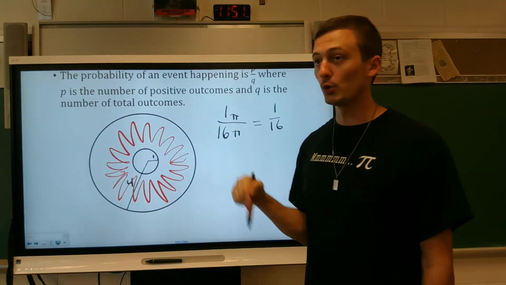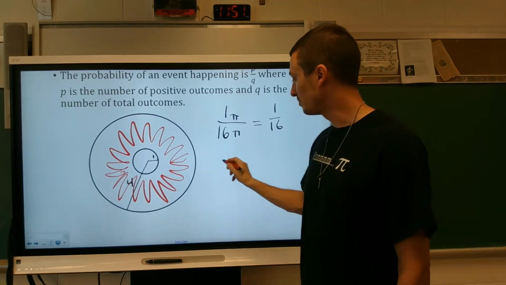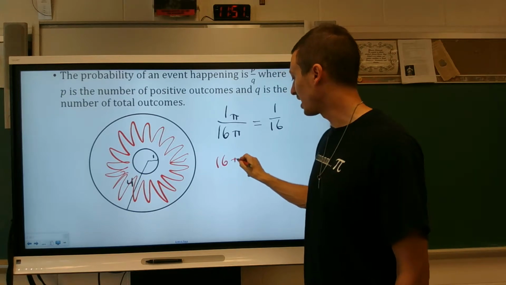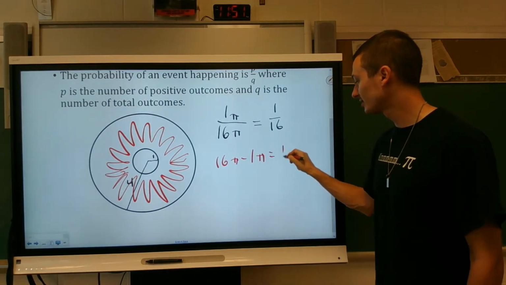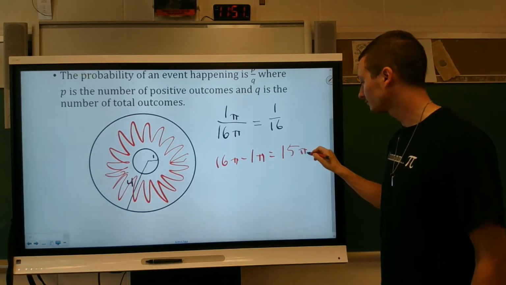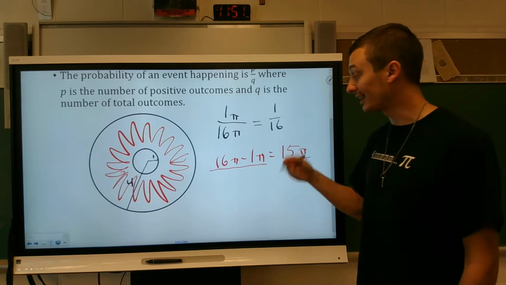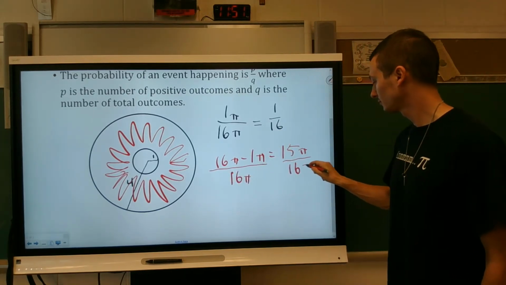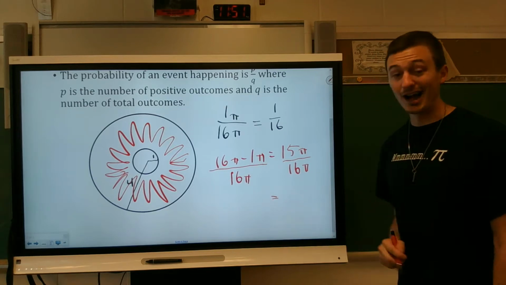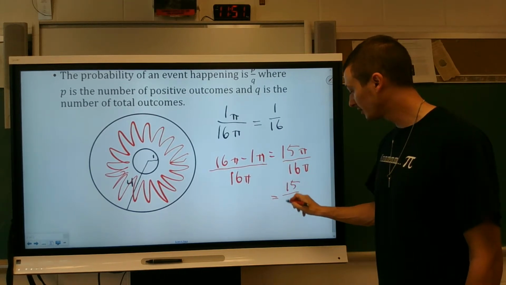Well, it would be the full circle minus the bullseye, which would be 16 pi minus 1 pi, which is 15 pi. Out of the full dartboard again, it's still 16 pi. So the probability that you're not going to hit the bullseye is 15 out of 16.